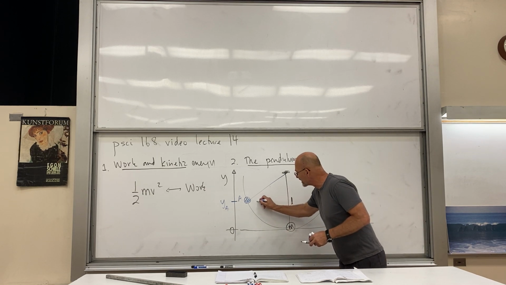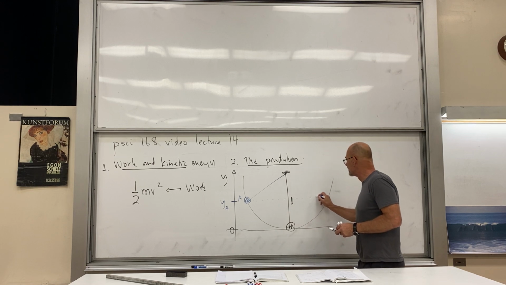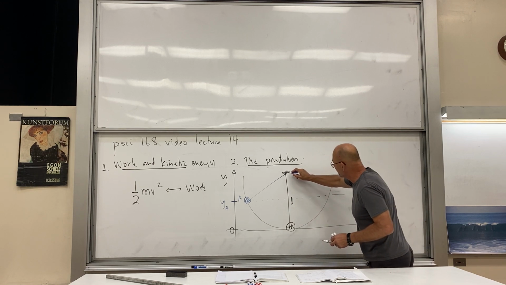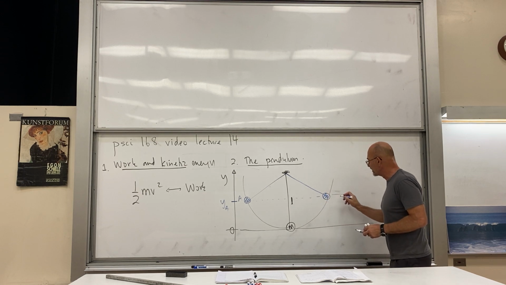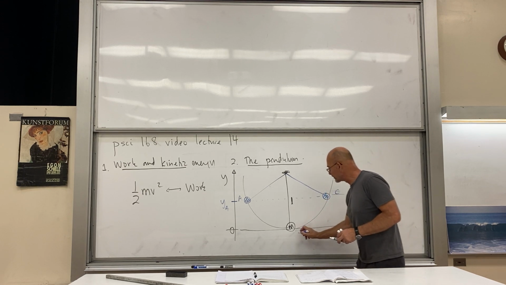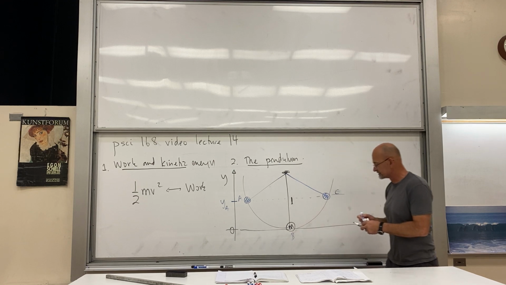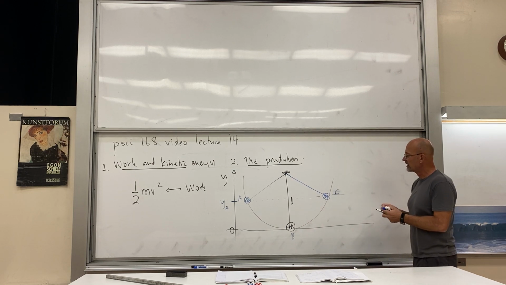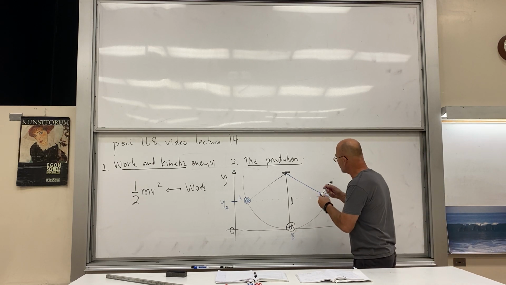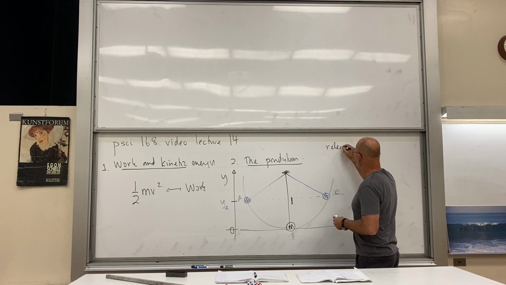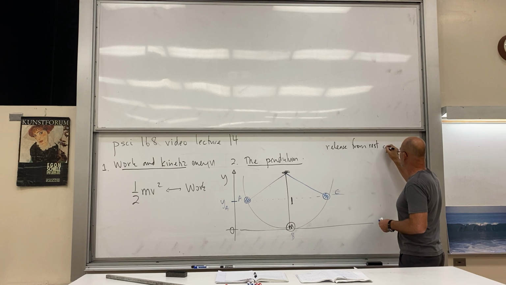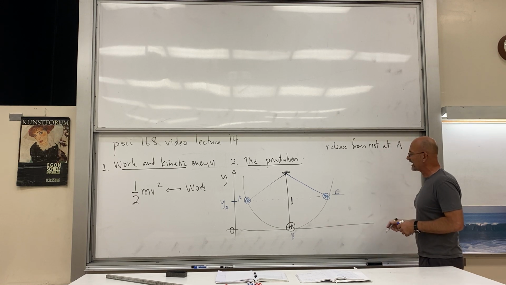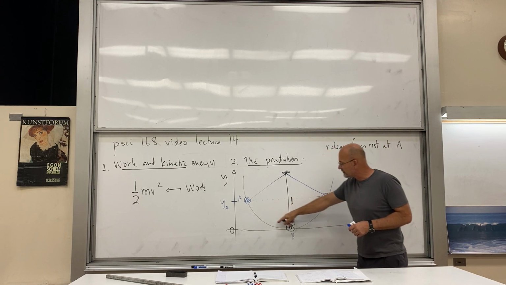Let's draw a dotted horizontal line over to here. We're going to call this point C, and I guess we'll put B down here at the bottom. So we release the pendulum from rest at point A, and then it'll swing back and forth.